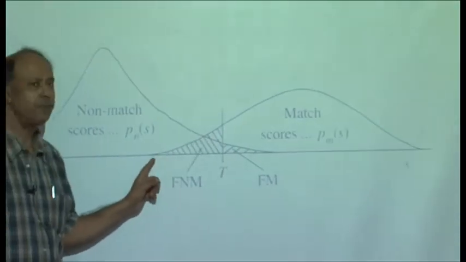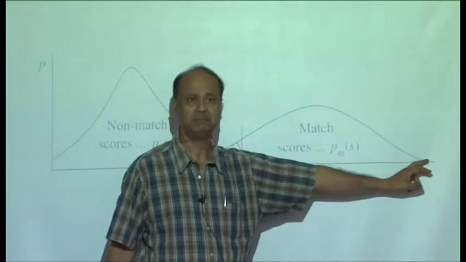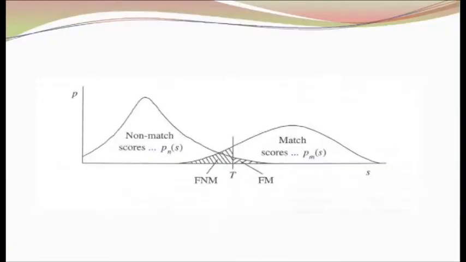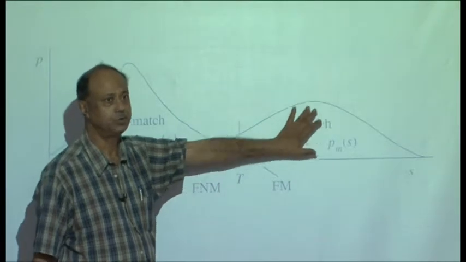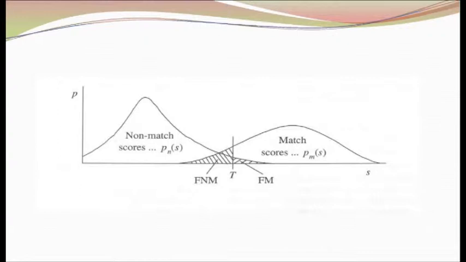Very few people will have the score of infinity outside, because as I told you, two samples will not give you a value of 1 or infinity, but most of them will be here. Similarly is the case with the imposters.